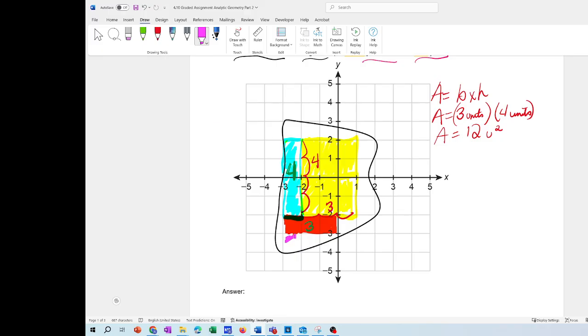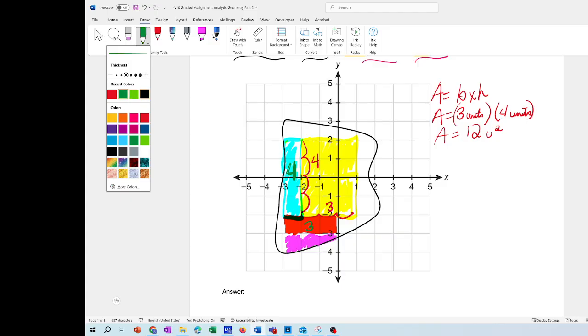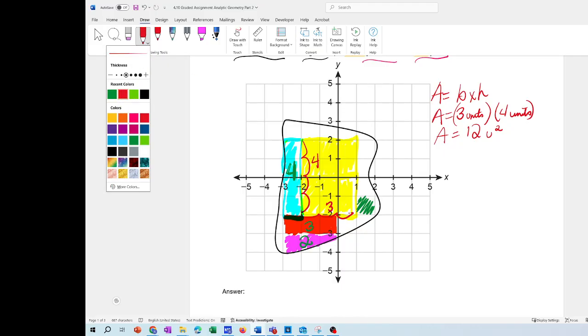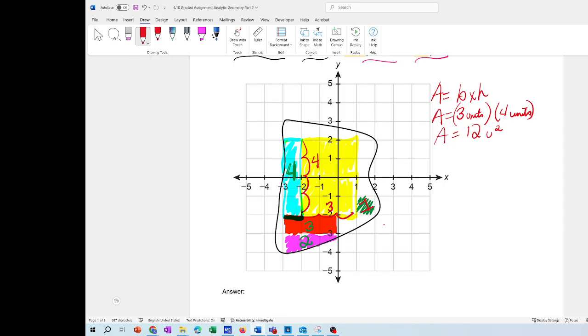So maybe here I can do 2 of them, right? I know this is kind of half. Maybe you can complete 2. That's the only thing you're going to do. It's going to be an approximation. Okay, and then here I can complete another one, right? Here I have it. And then you're going to add all of them in total.